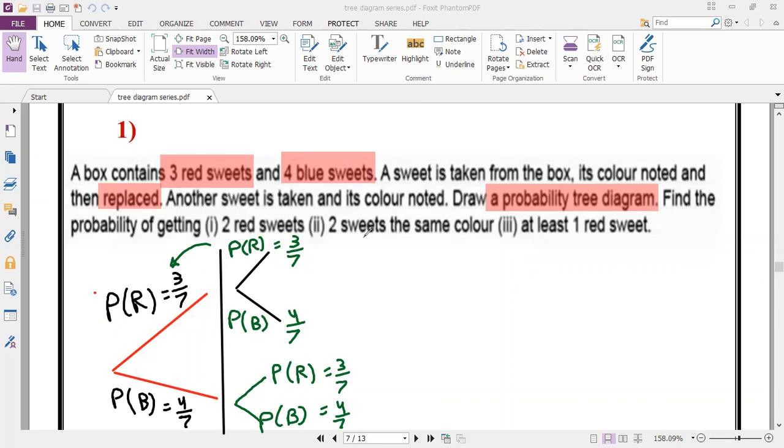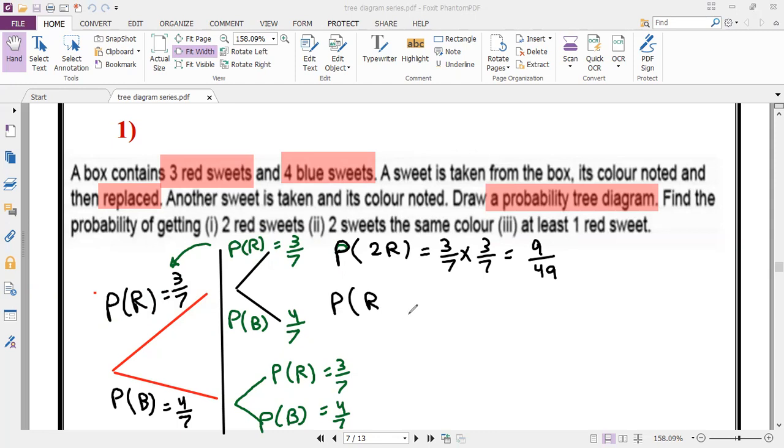So the probability of getting 2 red sweets, RR or R2, equals what? 3/7 times 3/7 equals what? 9/49. And the probability of getting red and then blue.